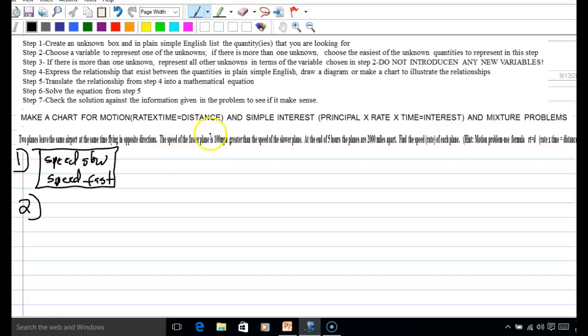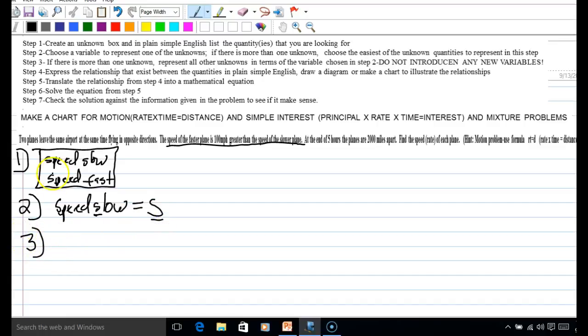The speed of the fast plane is 100 miles per hour greater than the speed of the slow plane, so something funky is going on with the speed of the fast plane. It's easier to represent the speed of the slow plane. So I'm going to say the speed of the slow plane is simply equal to s, and s here stands for slow.